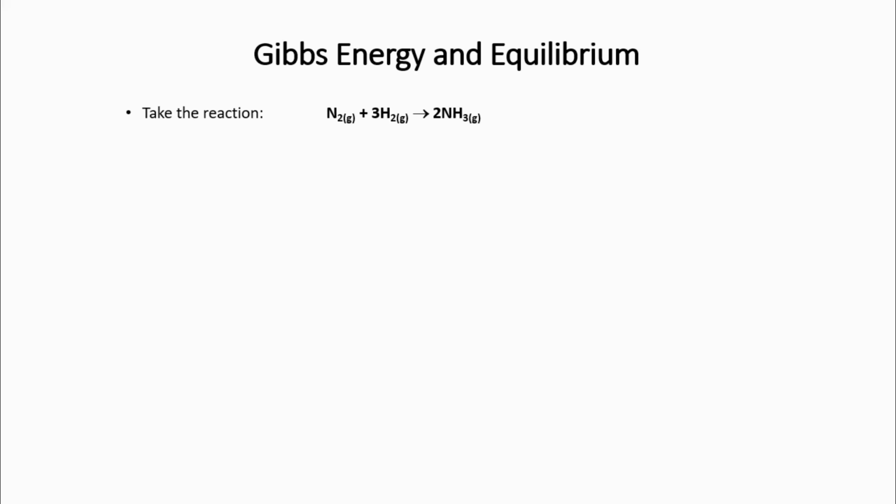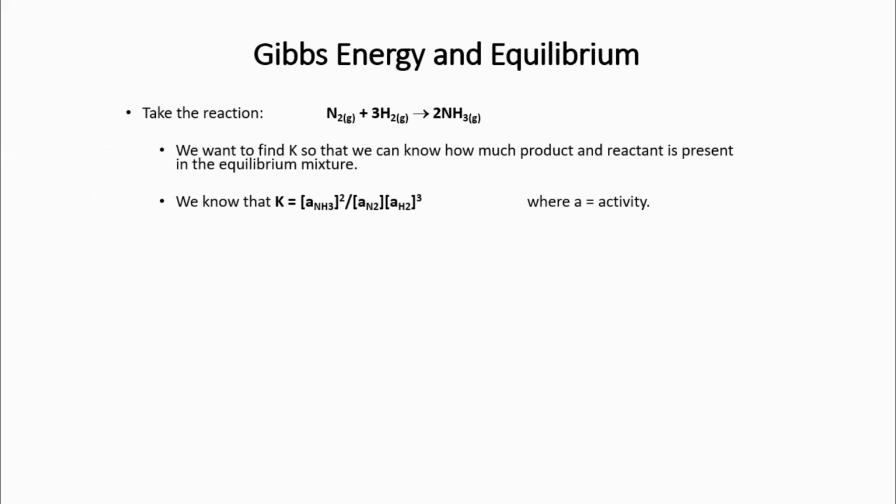For example, ammonia gas, we know, is used to prepare ammonium nitrate, which is used for fertilizer. So it's a very interesting system to discuss. We want to find K. So let us see how we can find K for such a system.